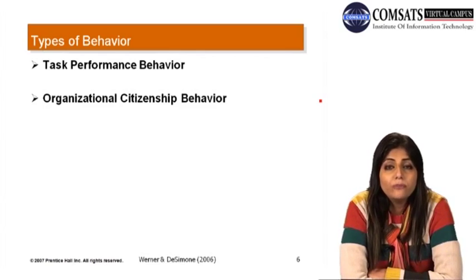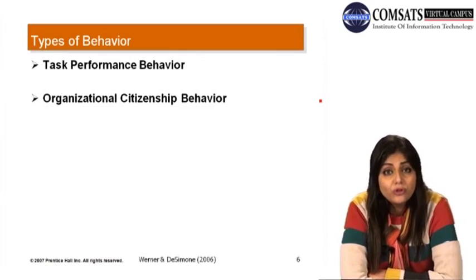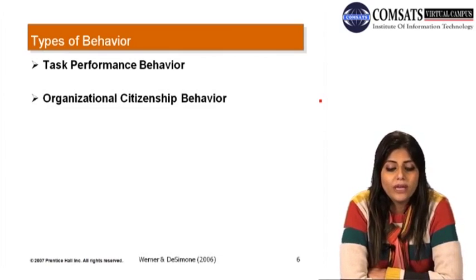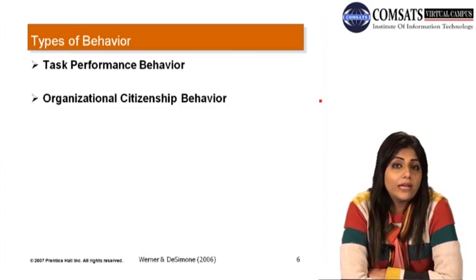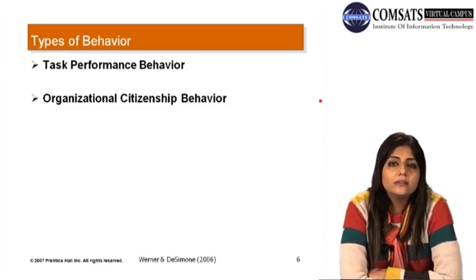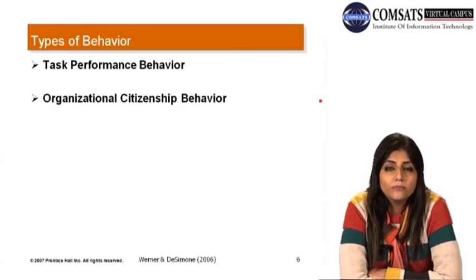By extra role behavior, we mean that the individual performs tasks which do not fall under the job description of the employee, but he is still performing those tasks. That is the extra role behavior, such as the helping behavior shown by the individual, like he is trying to help his co-workers. He has done his task and he helps his co-worker with his task, right? Or he helps his co-worker solve some problems, or offers some solutions, right?